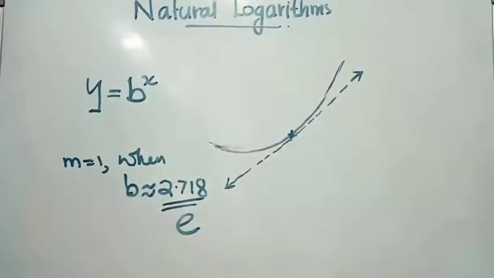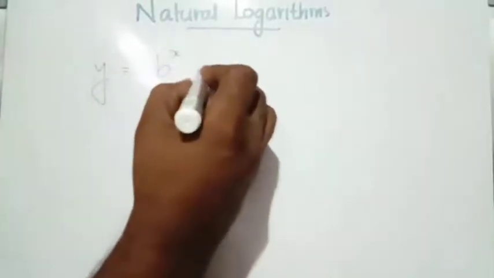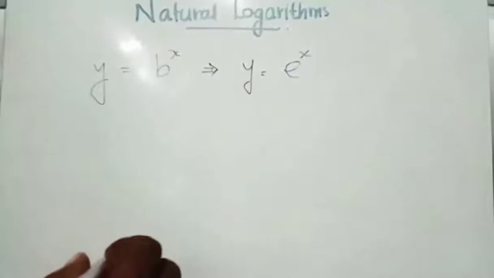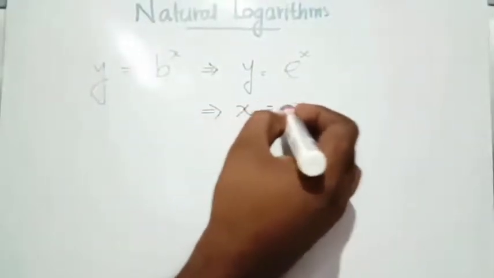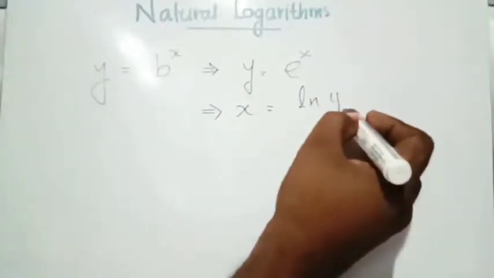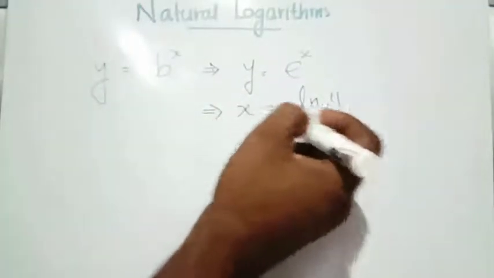So y is equal to b raised to x becomes y is equal to e raised to x when the gradient is 1. This can be written as x is equal to log y to the base e. When you are writing a natural logarithm, you need not write the base.